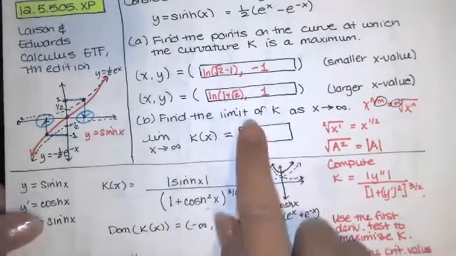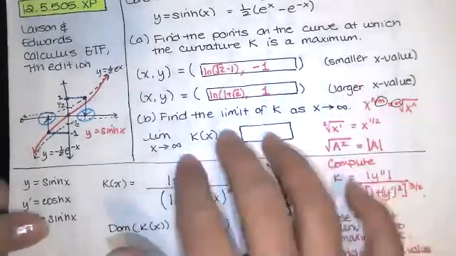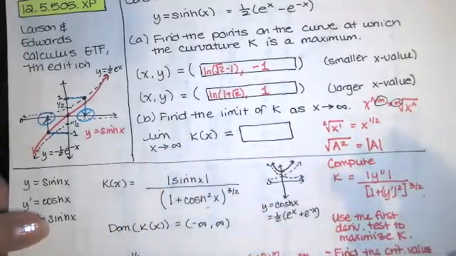Almost done. The last part says find the limit of kappa or k or the curvature as x goes to infinity. So we're looking at the limit of this as x goes to infinity now. And we did rewrite this earlier.